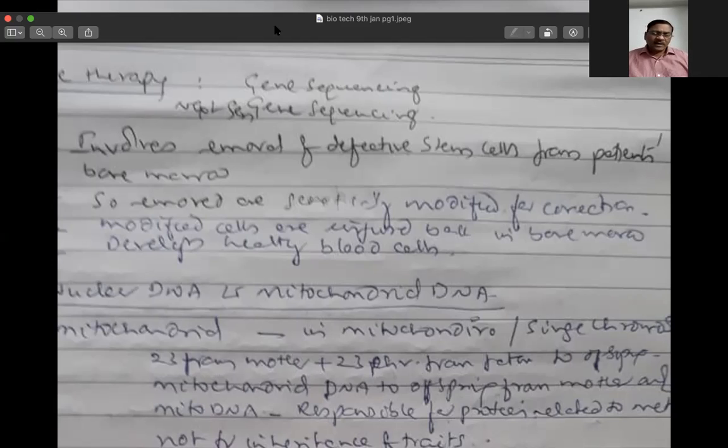One is differentiated cells, and the second is undifferentiated cells. The very meaning of the word tells you: a differentiated cell produces the same type of cell, many cells, and ultimately becomes a complex tissue, and then an organ. These are differentiated cells.